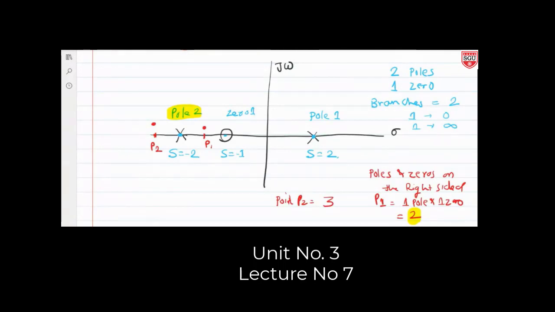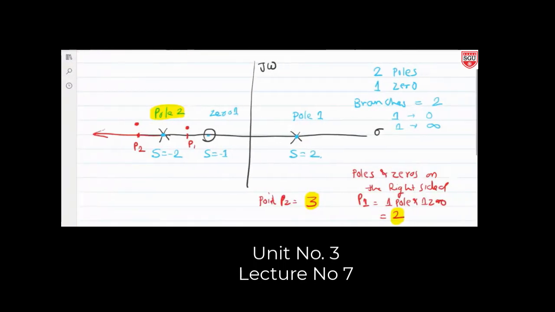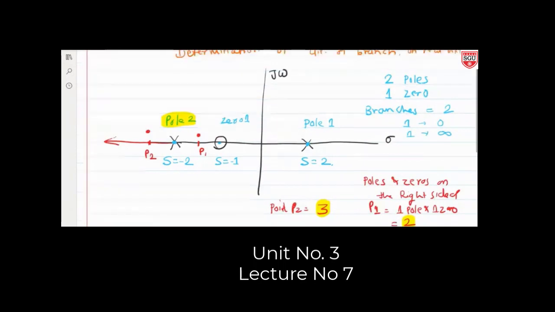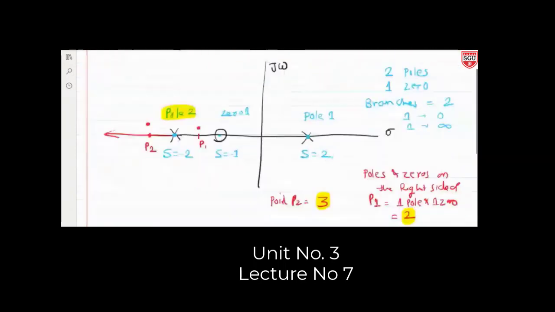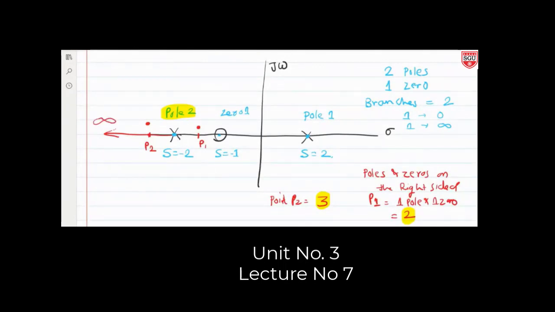Now this 3 is odd. So the direction from this pole P2 is here. The branch will move here. Means the branch which will start from pole P2 will move to infinity in this case.